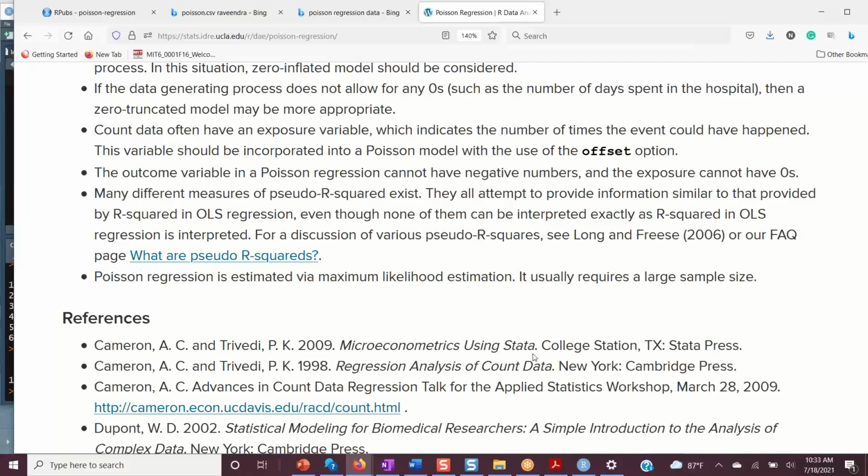There are visitors coming to the town, so we have to put more resources. Those kinds of things can be a Poisson regression model, for example. Are you with me?